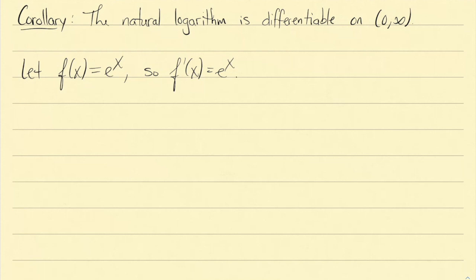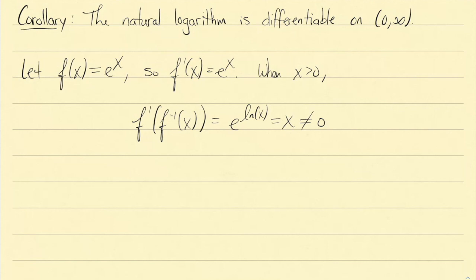That tells us that we can compute f prime of f inverse of x for positive values of x. Moreover, we know that they're non-zero. This tells us that we can apply the theorem, and the derivative of the natural log of x is 1 over x.